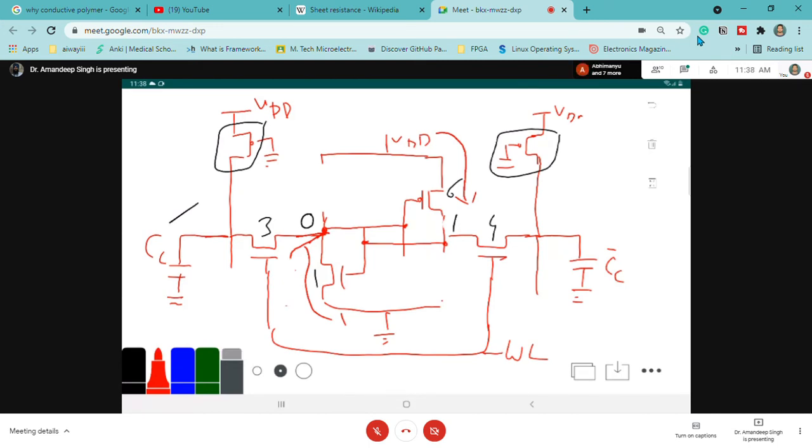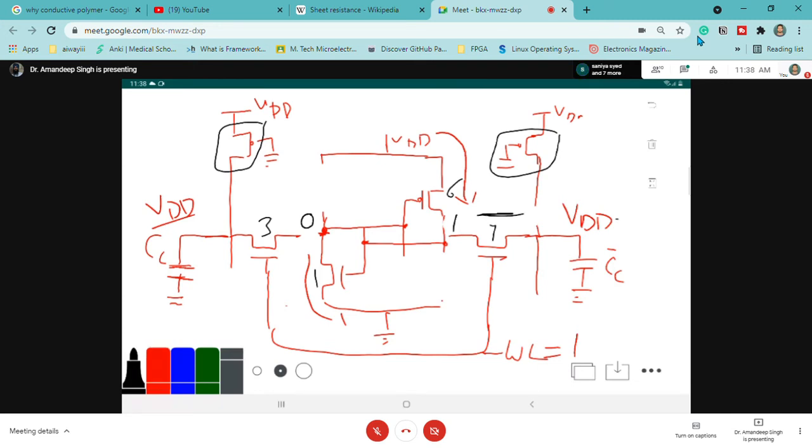When we read the data, this is first charged to VDD, and similarly this is charged to VDD first. After charging, we turn on the WL, that is the word line. If the word line is given 1, it means our transistors 3 and 4 are turned on. So you will see that there will be no current flow through this path.